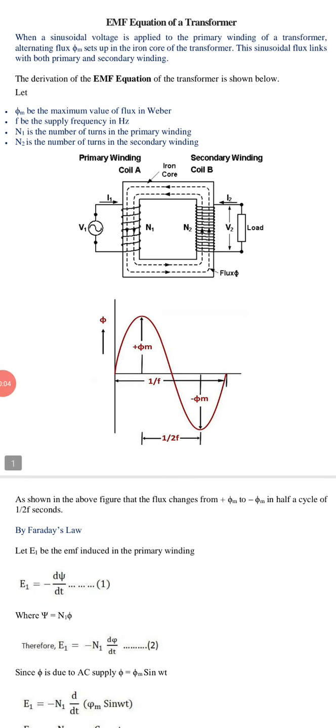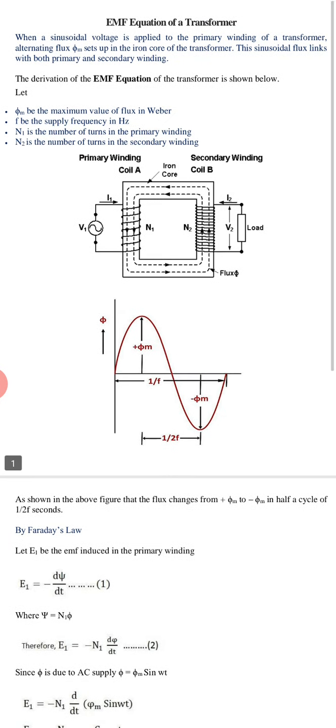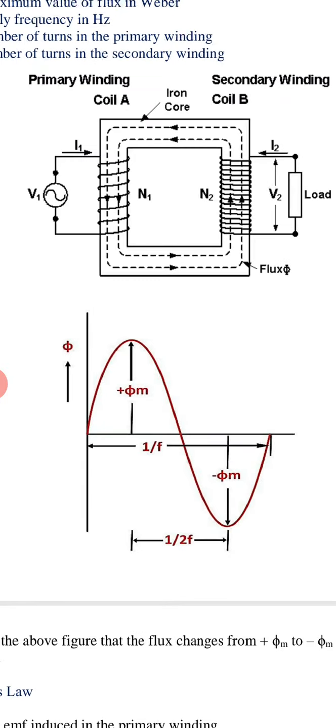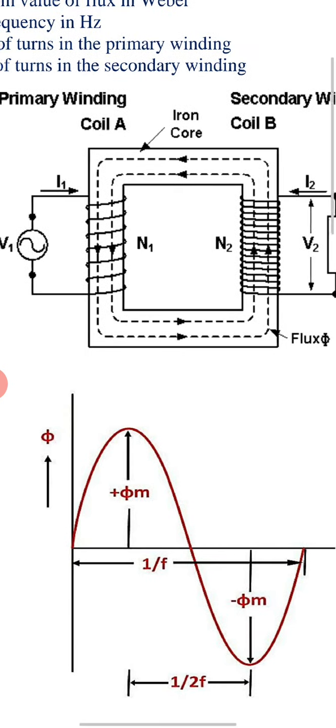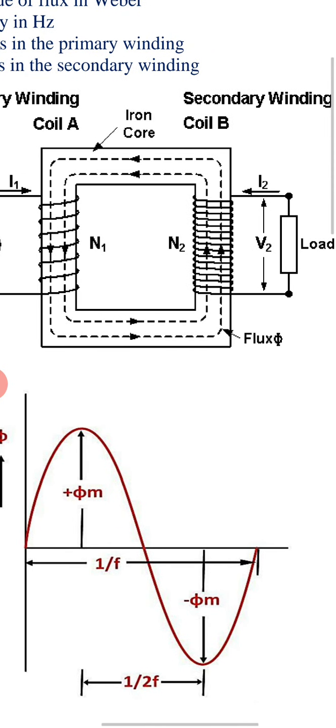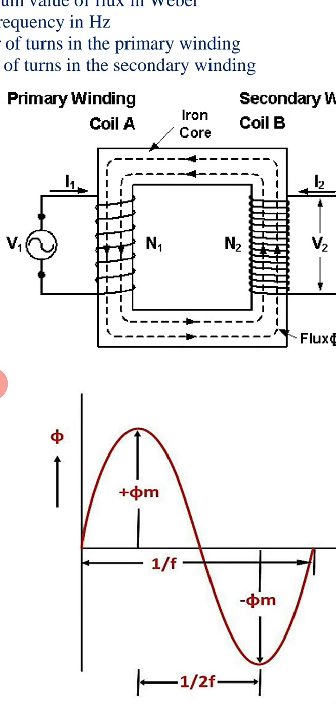Today we are going to discuss the EMF equation of the transformer. Now, what happens when we supply alternating current in the primary winding of the transformer? A flux of alternating nature is set up in the core, and that flux links with both the windings, the primary as well as the secondary winding. When it links with both the windings, it results in an induced EMF in both the windings.